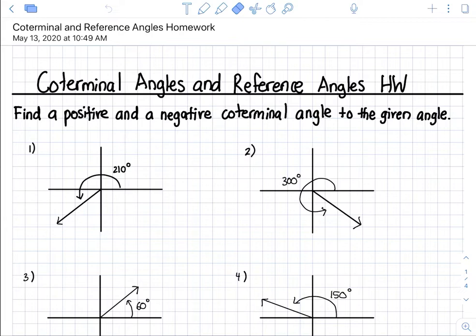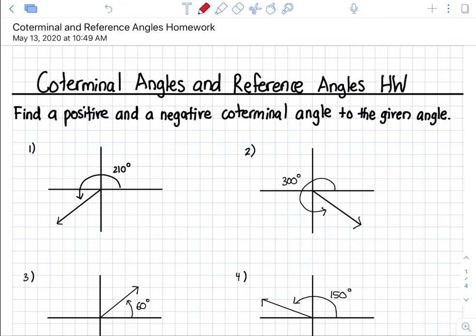Okay, so this one says find a positive and negative coterminal angle to the given angle. Basically, this is what we call the positive x-axis, and you go to a terminal side. This is the terminal side because that's where the angle ends up.